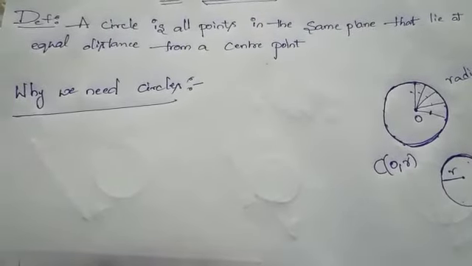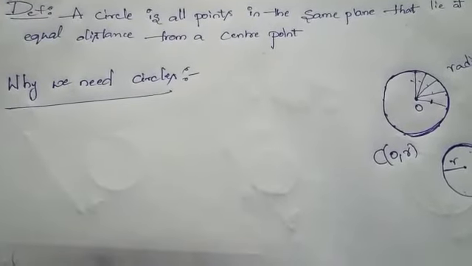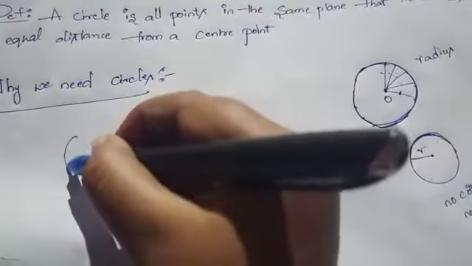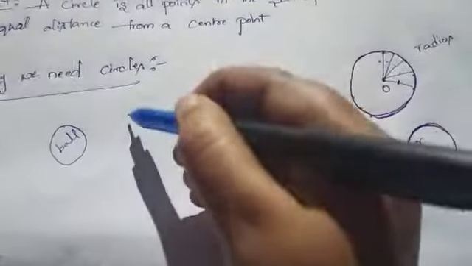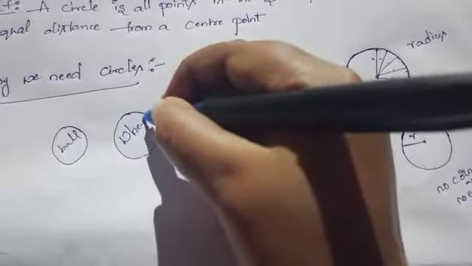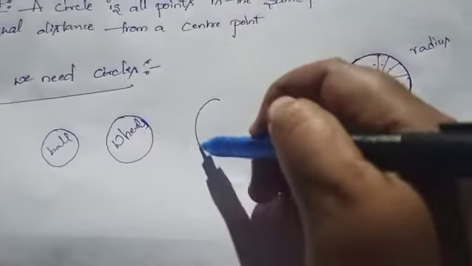Next, why do we need circles? We see so many objects in circular shapes. For example, balls, vehicles, tires or wheels, and so many places in circular shapes.